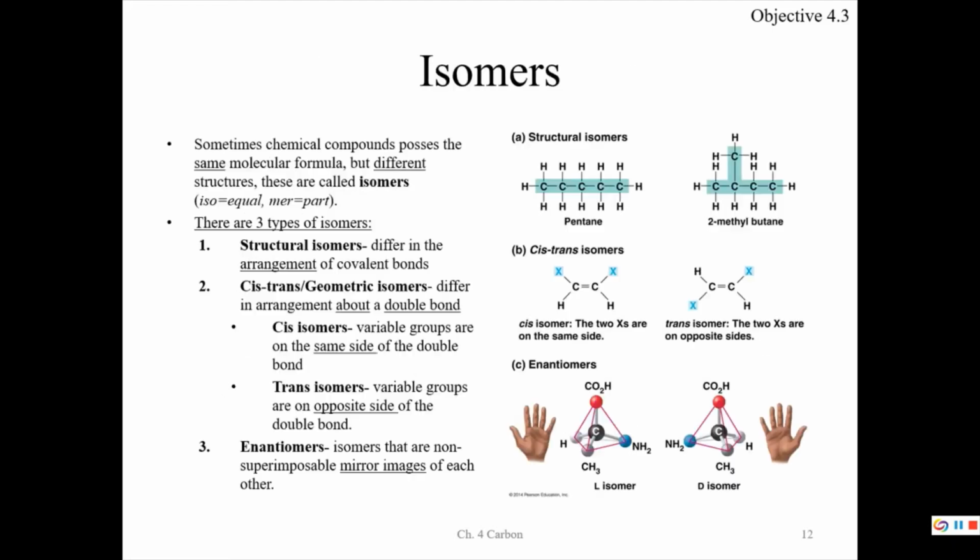Okay? Now, isomers. Let's say I gave every student in class the exact same set of Legos. And I say, guys, have fun building Legos. And you go out and you build something out of those Legos. But I say there is only one catch: you have to use all the pieces.